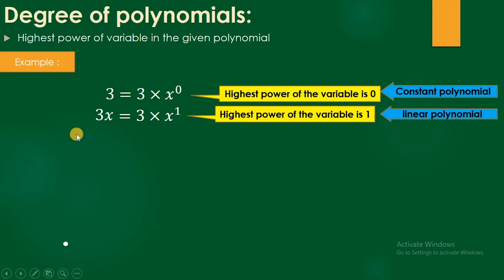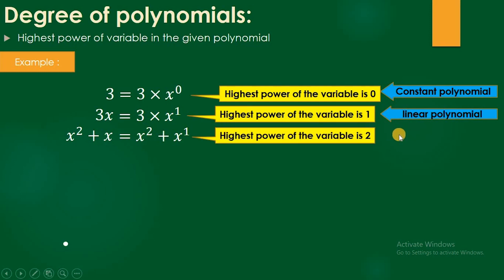Linear polynomial. Now we have x squared plus x. It can be written as x squared plus x to the power 1. So the highest power, 1 and 2. So 2 is greater than 1. Therefore, the highest power is 2. Therefore, such a polynomial is called a quadratic polynomial.